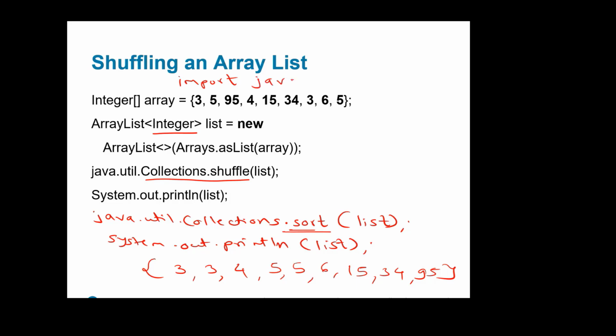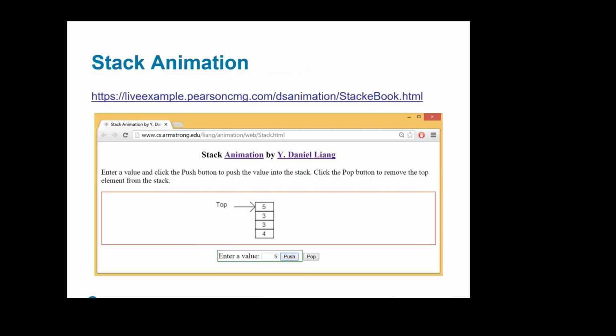So you can say java.util.Collections. That will also allow you to use all the methods. So sort is a very important method. And since everything falls under the Collection class, every data structure can use or access the methods which are defined in the Collection class.